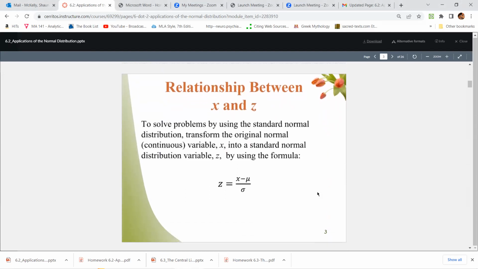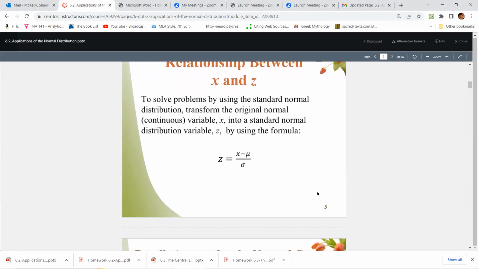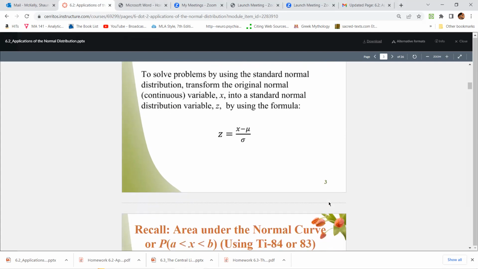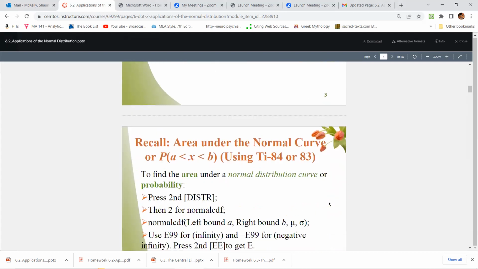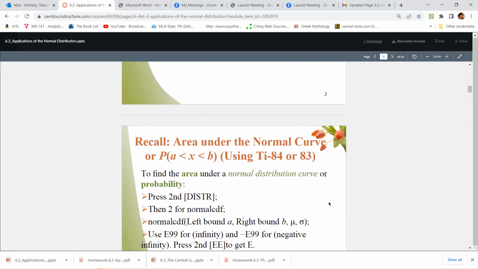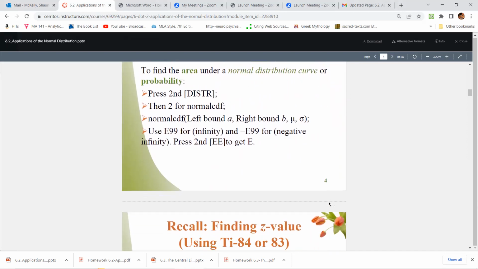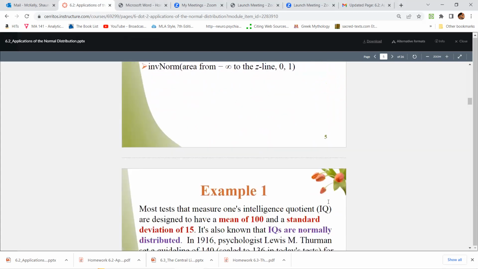So we're going to remember our z-score formula, very familiar to you. z equals X minus mu over sigma, where X is an individual score minus the mean divided by the standard deviation, okay? And we know that to get area under the curve, we're looking at the area normally on the left. So we go through those instructions. Those are there for you.